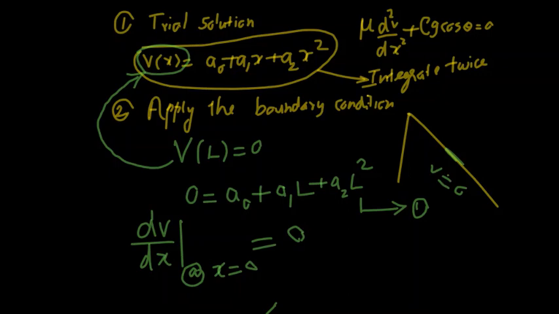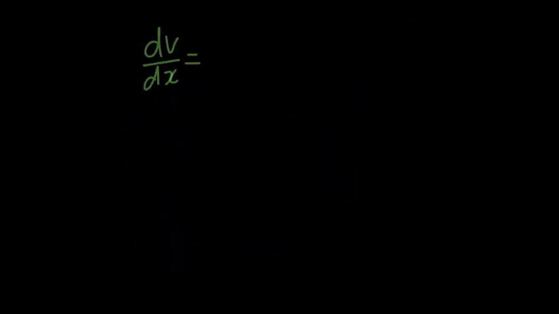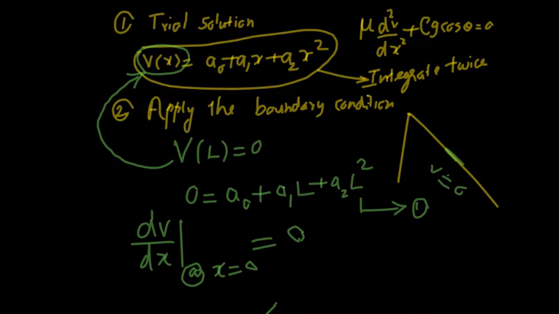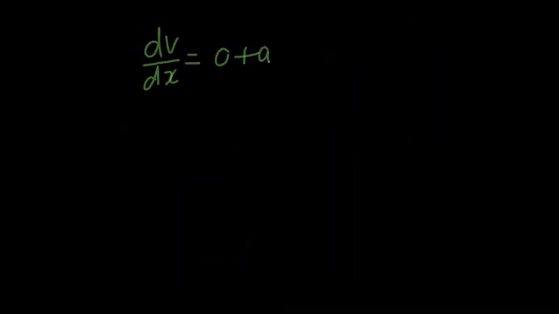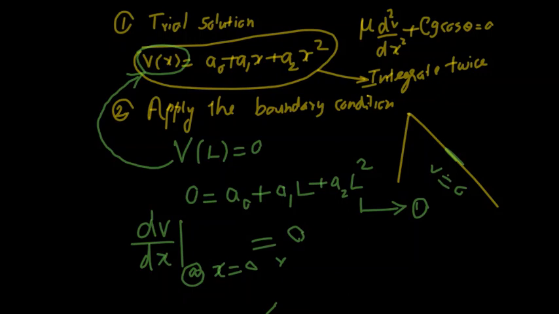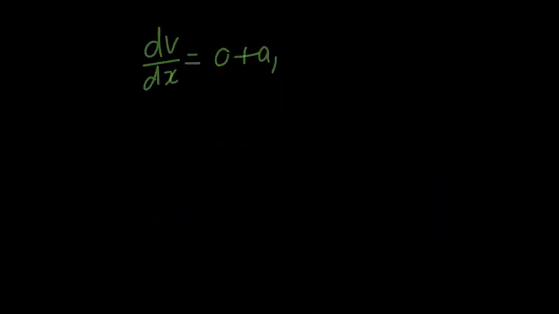If you differentiate a0, it is going to be 0. So I will write differentiation of a0 is 0 with respect to x. And if you differentiate a1x with respect to x, you will be getting a1. And if you differentiate a2x squared with respect to x, you will be getting 2a2x.